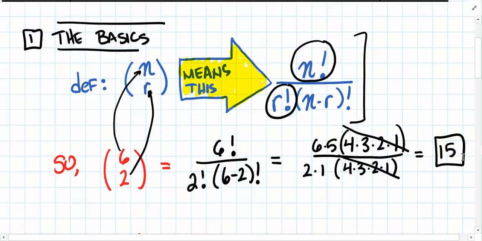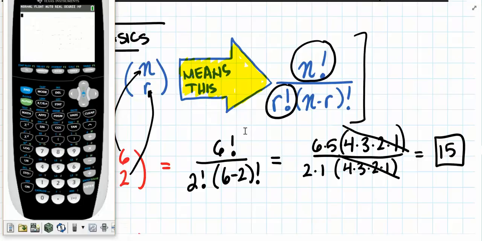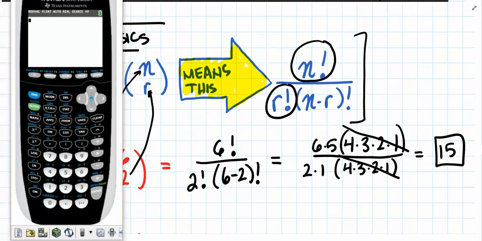And yes, there is a button on your calculator. I'm going to show you exactly how to do it right now. On the calculator, you're going to go 6, and then push the math button, and then go all the way over to PRB, probability. You'll see that what you want is option number 3, nCr.